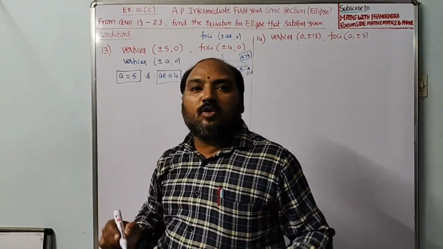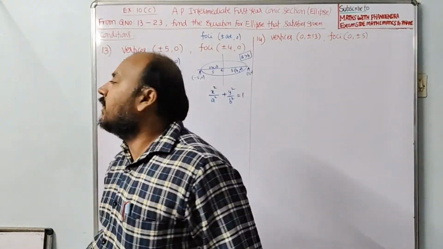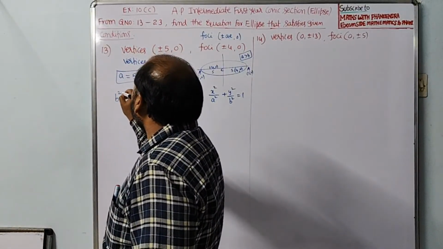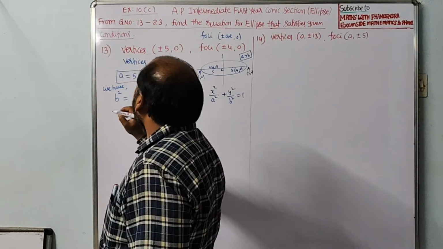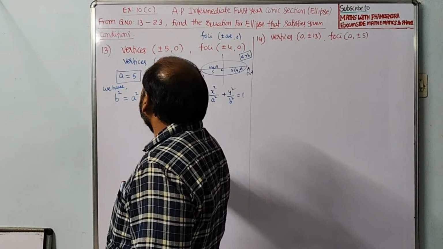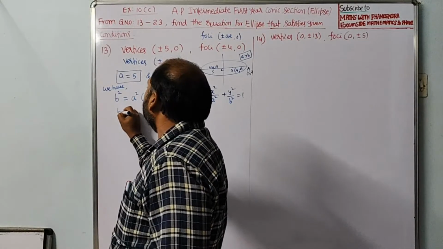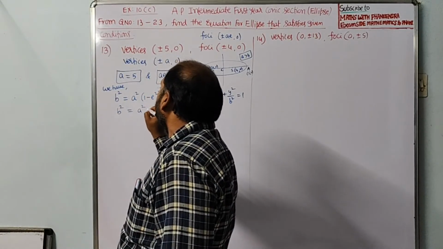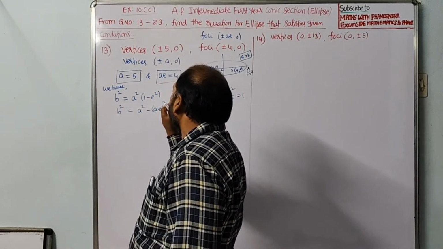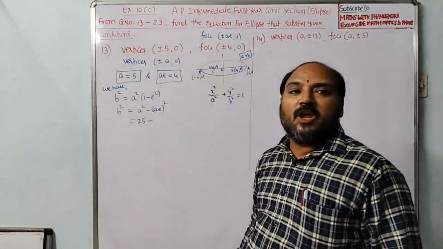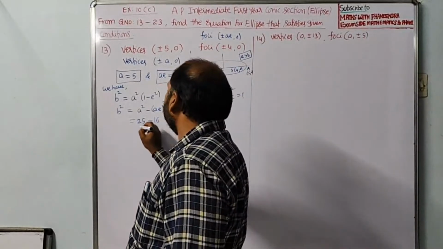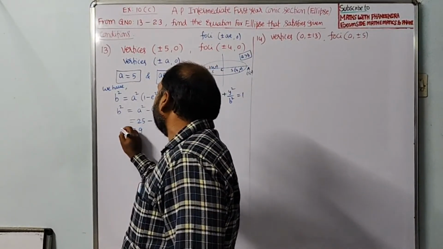Whenever you know the values of a and ae, we have the formula b square equal to a square into 1 minus e square, that also can be written as a square minus ae whole square. a square means 25, 5 square. ae whole square, 4 square means 16. 25 minus 16 is 9.